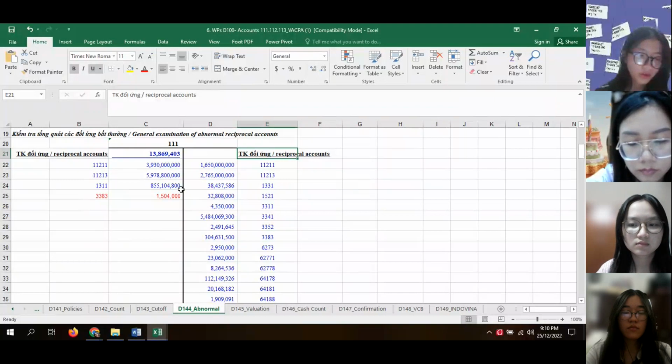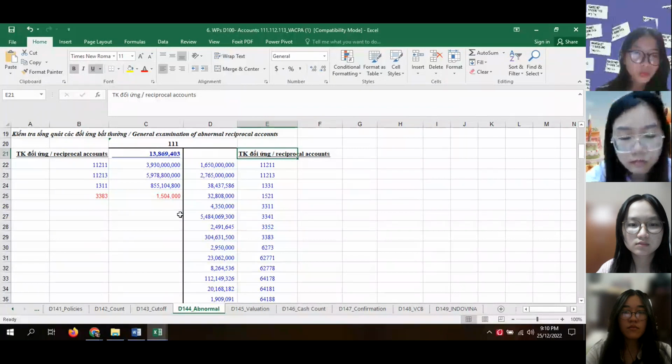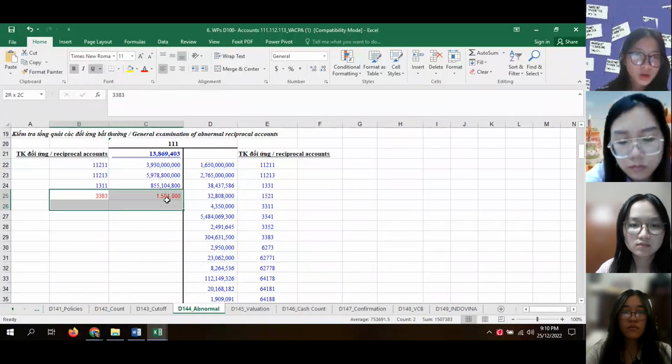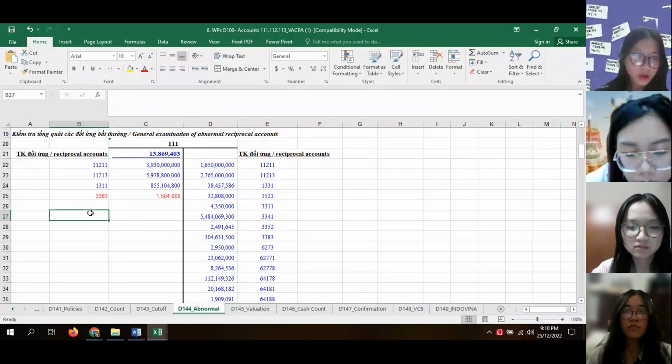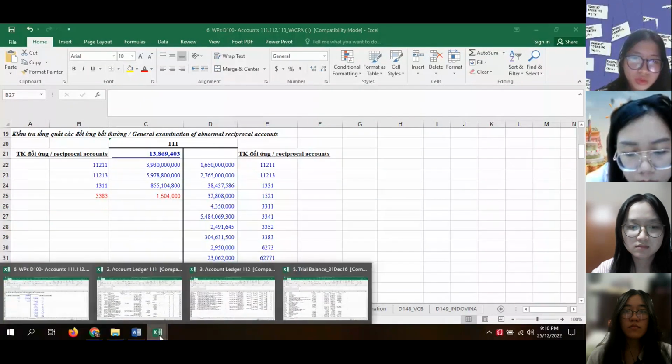From that, we find out one account that we found unstable. It's highlighted red, but I will show you this to see clearly.